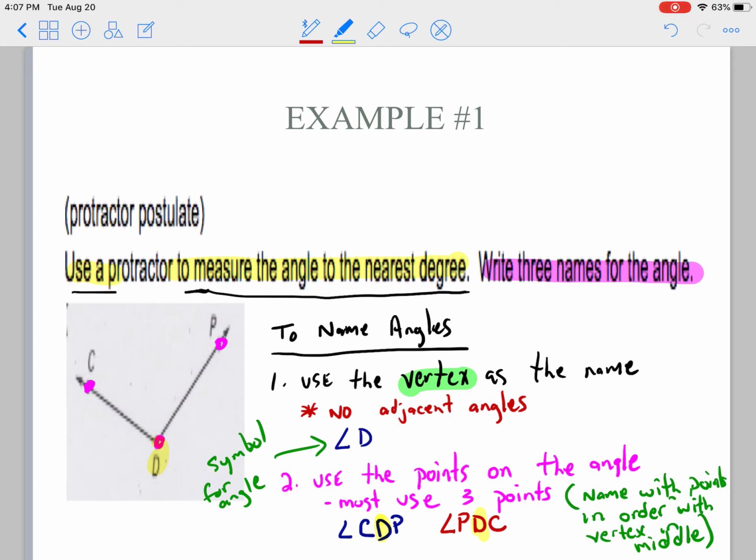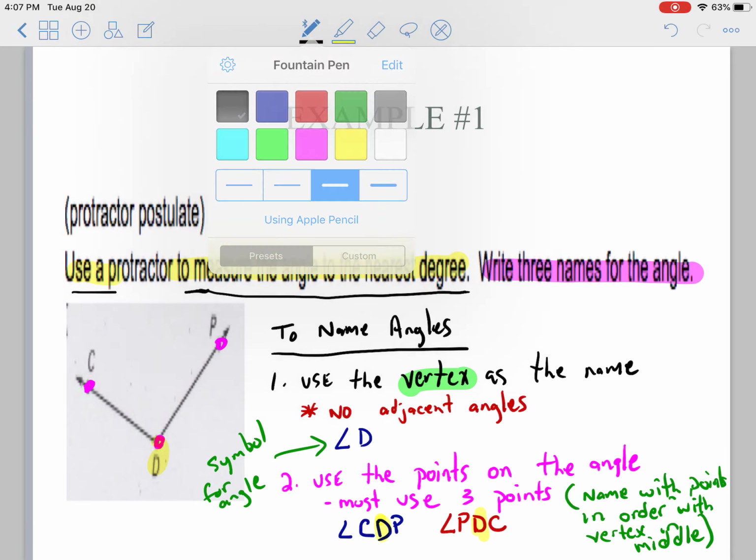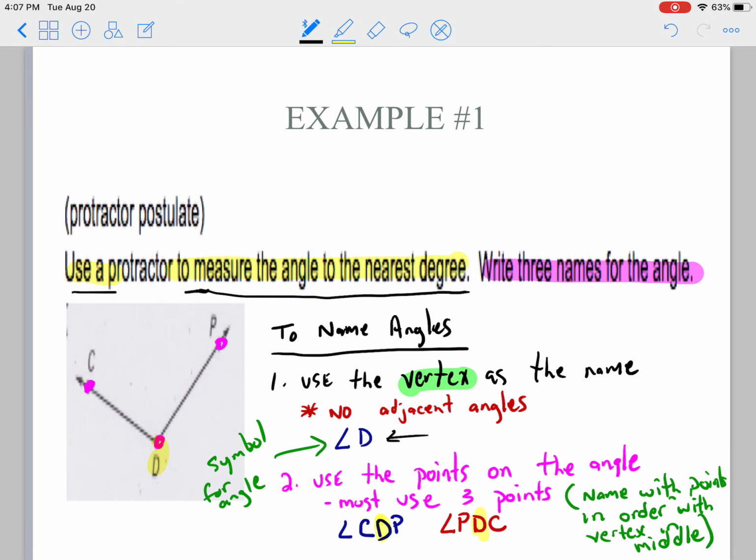So here are the 3 naming options. I can name it with the vertex itself, option number 1. And I know that D is my vertex, but I can only do that if there's no adjacent angles. Option number 2 is named using the points with the vertex in the middle.